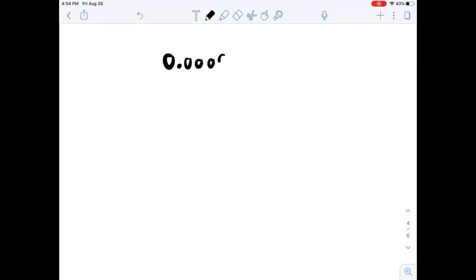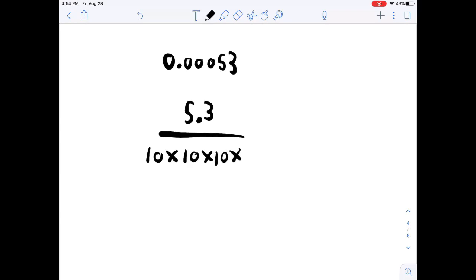Now for 0.00053, if we were to write this out in expanded form, it would simply look like 5.3 over 10 times 10 times 10 times 10. So remember, 5.3 times 10 to the power of negative 4.